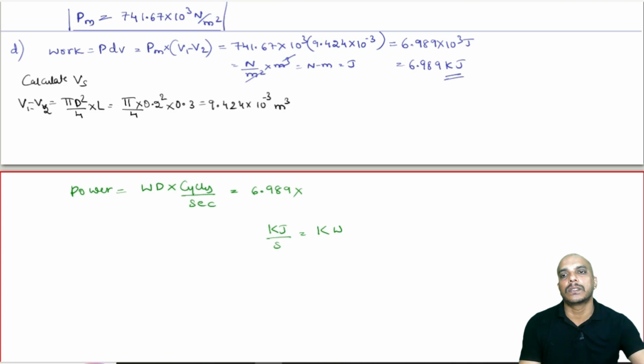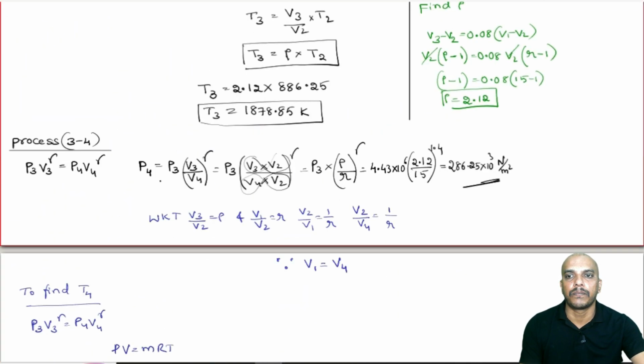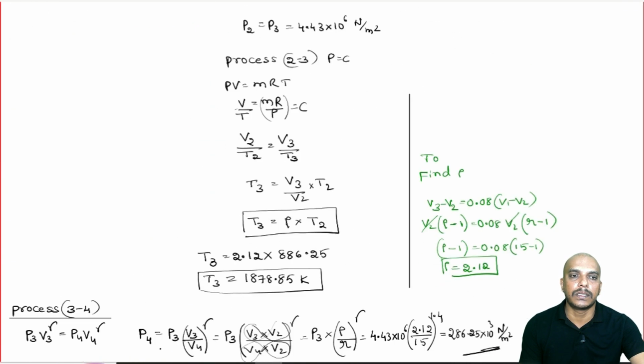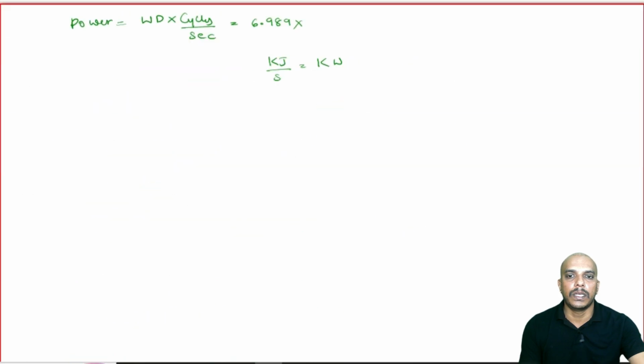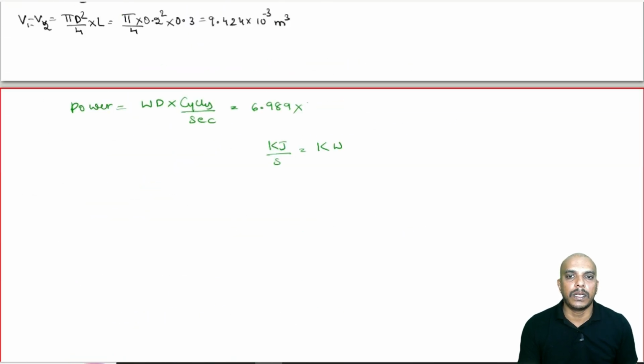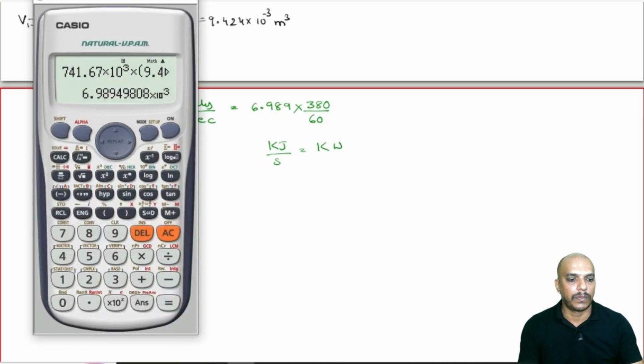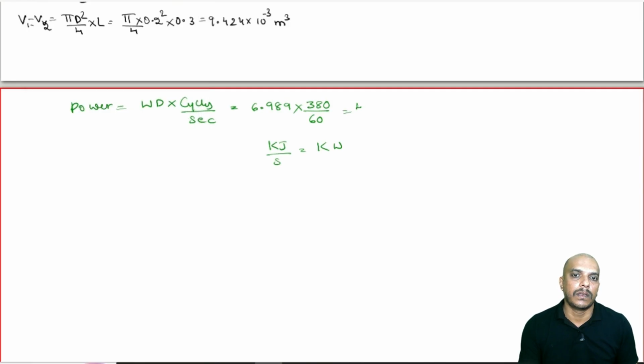Cycles was given per minute: 380 cycles per minute is converted into cycles per second by dividing by 60. So that will be 6.989 into 380 divided by 60. So 44.26 kilowatt. Thank you.